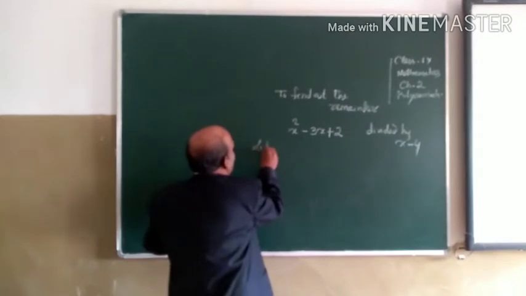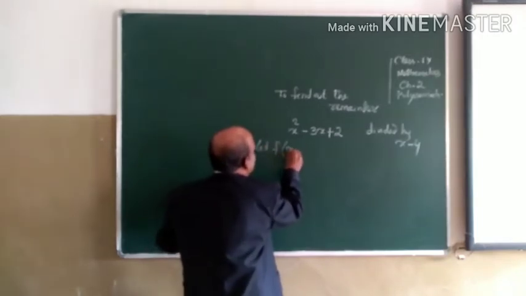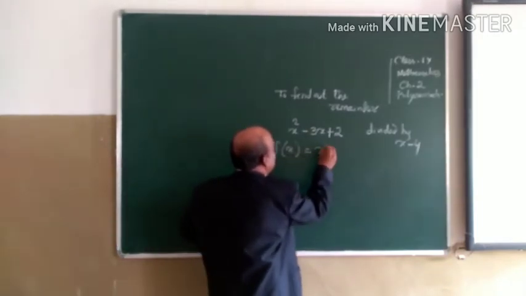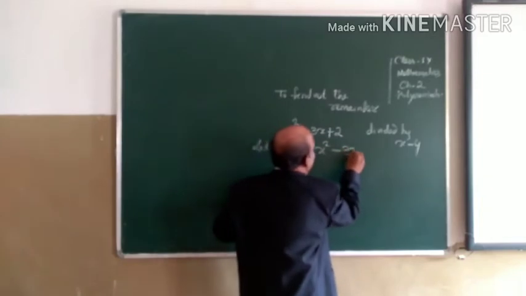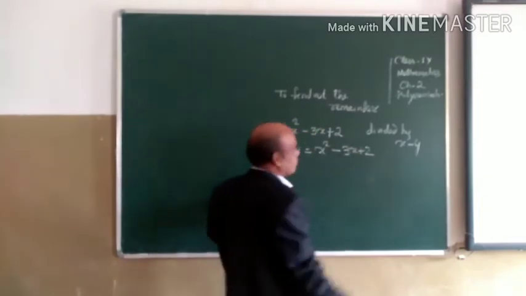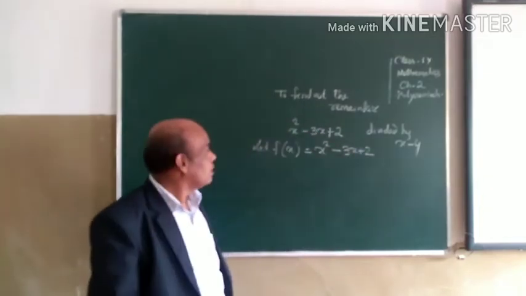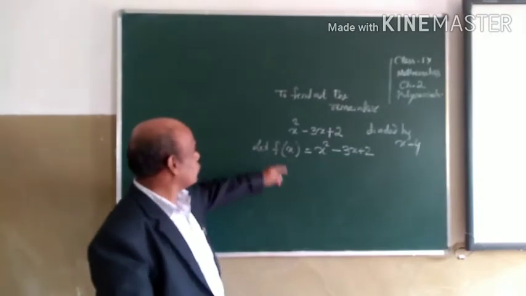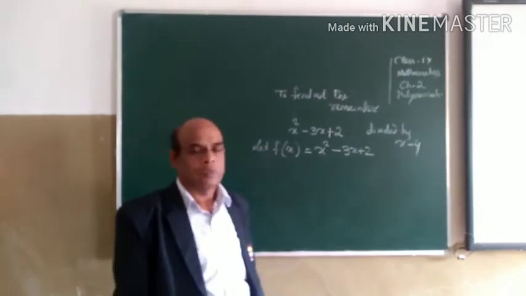Let f(x) is equal to x square minus 3x plus 2. It means the dividend we write as f(x).